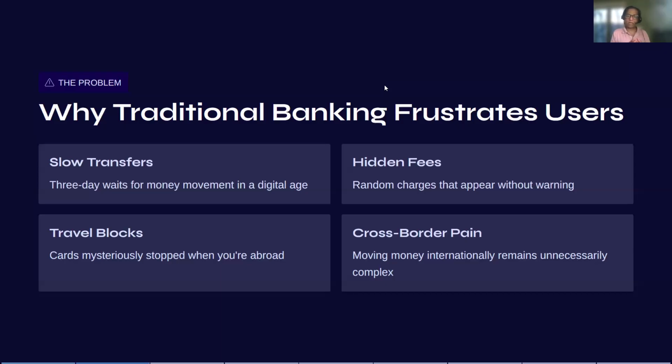And even though the banks are working to improve it, there are still a lot of issues. It is slow to transfer, and there are a lot of hidden fees associated with it. Sometimes you have to pay close to 10% of your transaction as a fee. If you send $100 to someone from US to India, then you need to pay $10 for it.